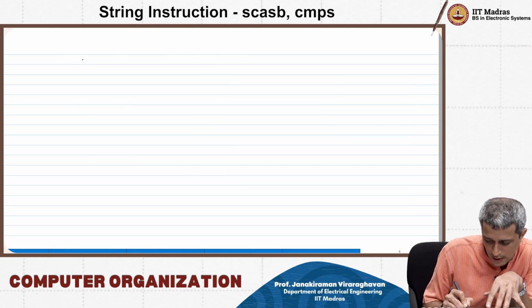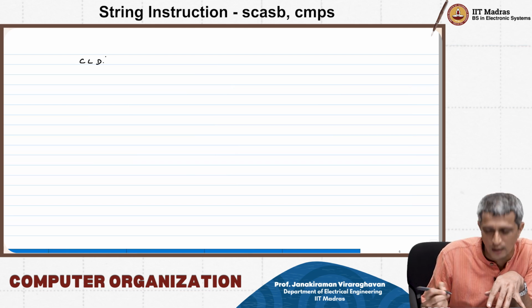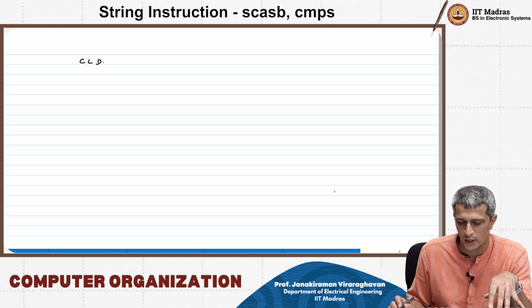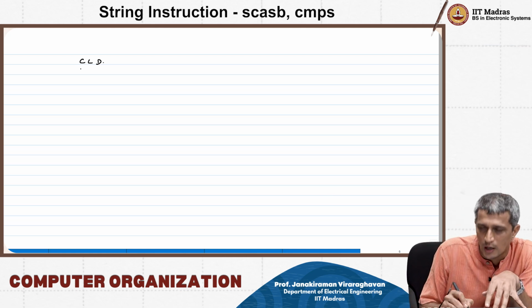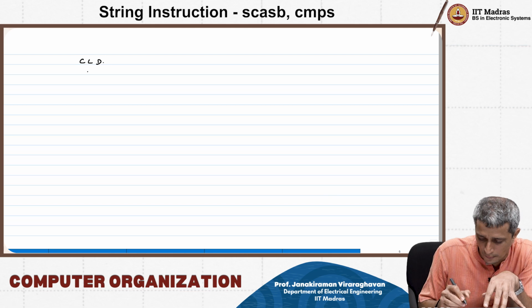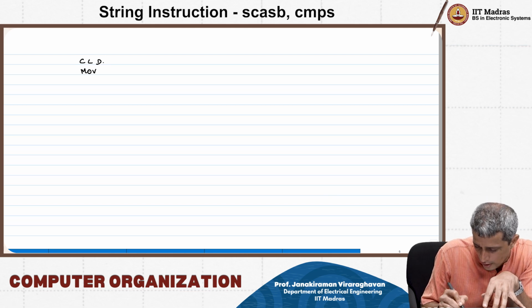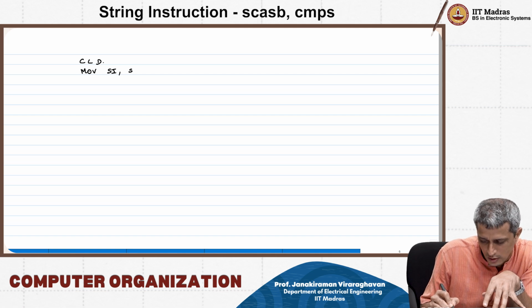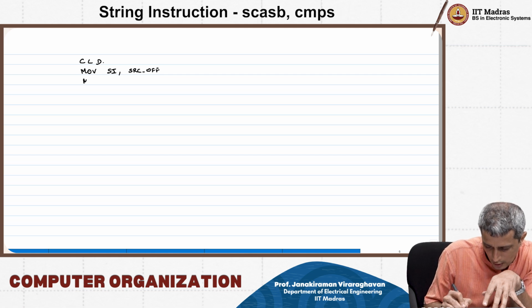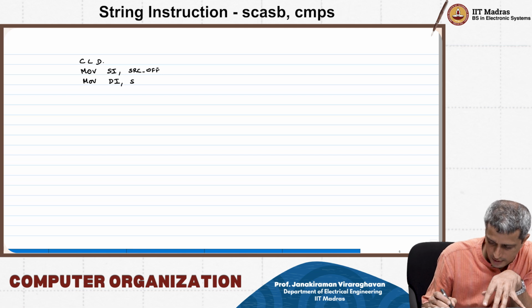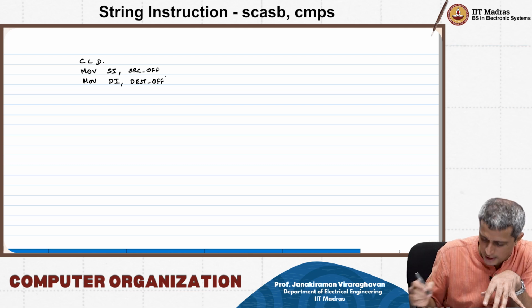You will basically say CLD, so that you clear the direction flag, so that you are auto incrementing the source index and destination index registers, right. Then I will say move SI comma source offset, then move destination index comma destination offset. Right.